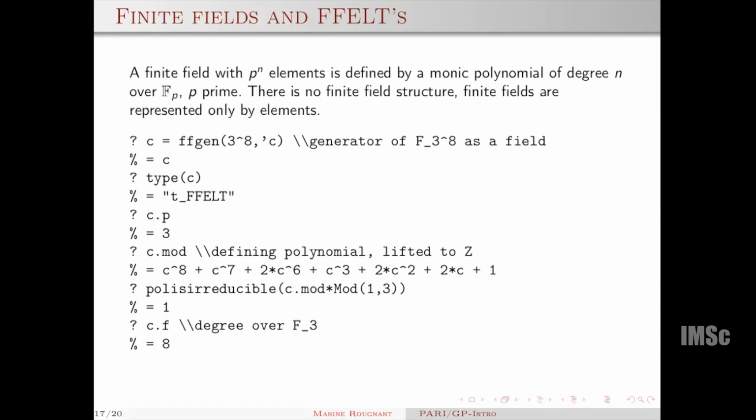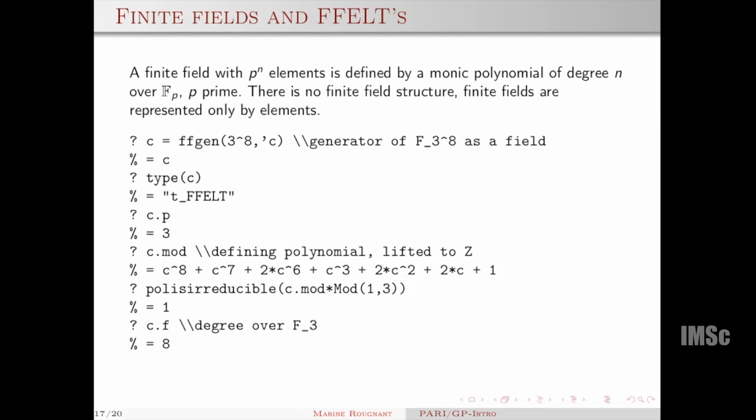So we do not have a finite field structure in PARI/GP because a finite field can be defined just by giving all the elements. This is what we are doing. For example, if I define C as being a generator of the finite field of order 3 to the power of 8.